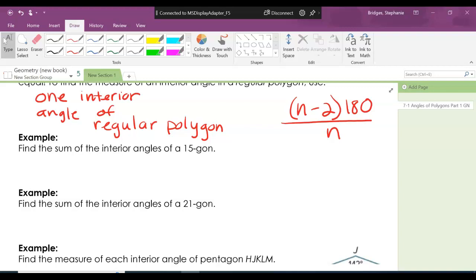So what is my n? How many sides do I have? 15. So I'm going to plug it in: 15 minus 2 times 180.